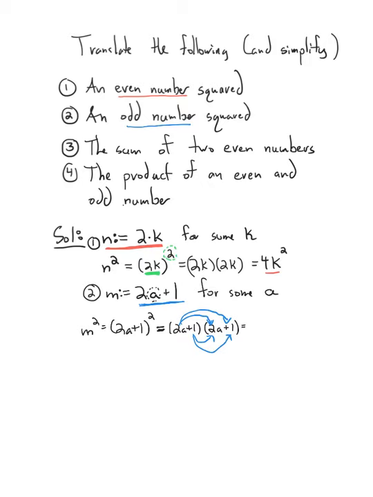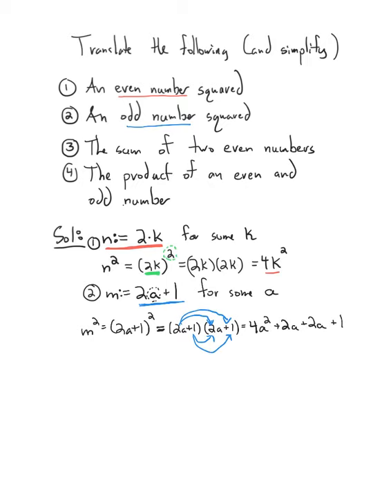2A times 2A is 4 times A, so 4A squared. Then 2A times 1 is 2A. 1 times 2A is 2A, and 1 times 1 is 1.